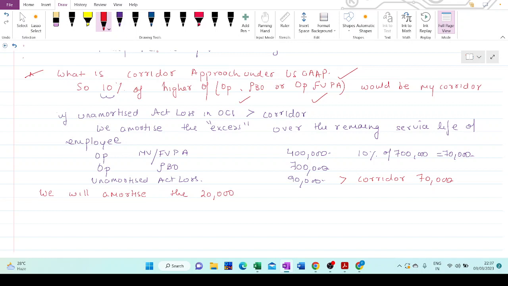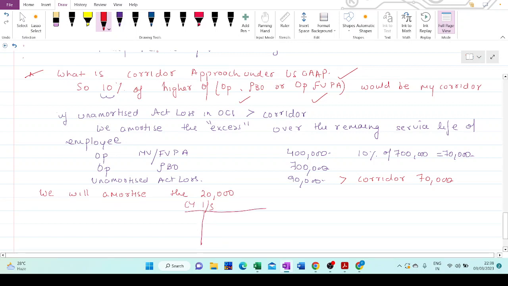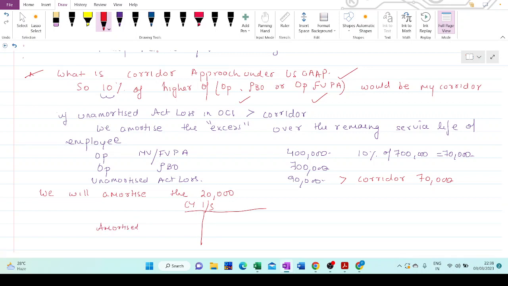So we are going to amortize this $1,000 expense over the 20-year period in the income statement. We are going to report an amortized actuarial loss of 1,000 in the current year income statement.